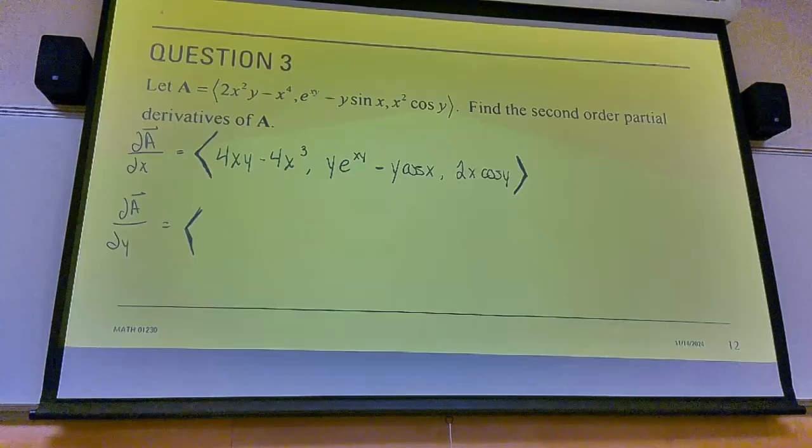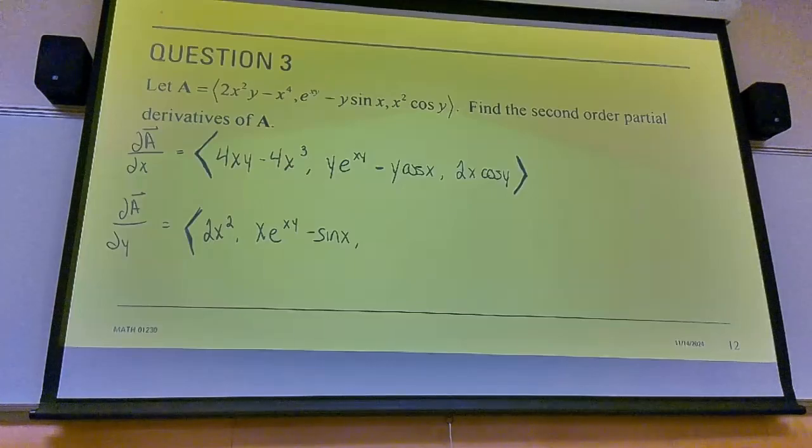Partial A, partial y. What is the first component? 2x squared. Next component. x e to the xy minus sine of x.